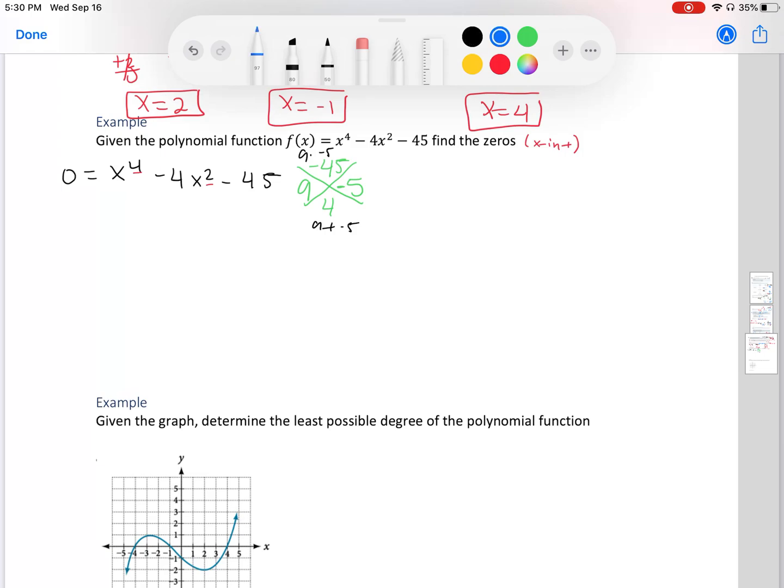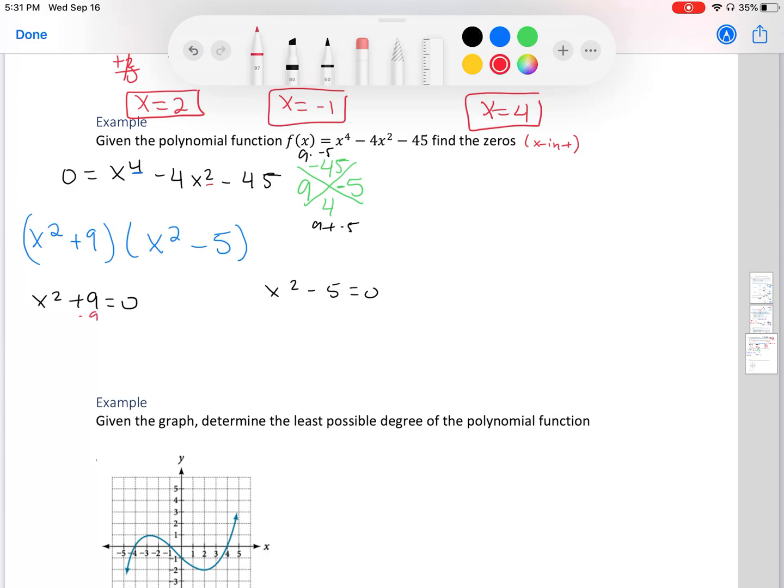So this factors to be, because I have a x to the 4th power, x squared plus 9, and x squared minus 5. Okay, I can set each one equal to 0. So I have x squared plus 9 is equal to 0, and x squared minus 5 is equal to 0.